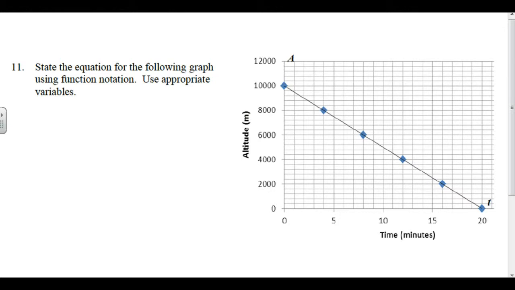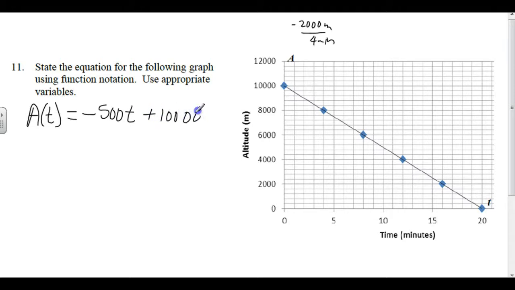State the equation for the following graph using function notation. So we've got altitude as a function of time using appropriate variables. My rate of change, well, we go down 2,000 in 4 minutes, so minus 2,000 meters in 4 minutes will be negative 500t, and the initial value plus 10,000.